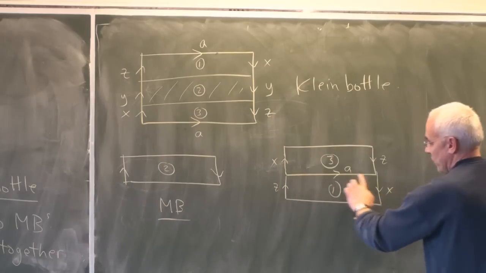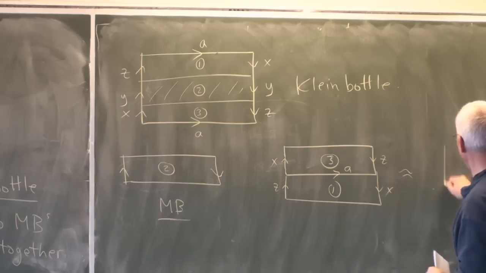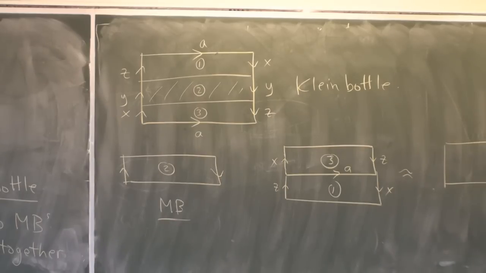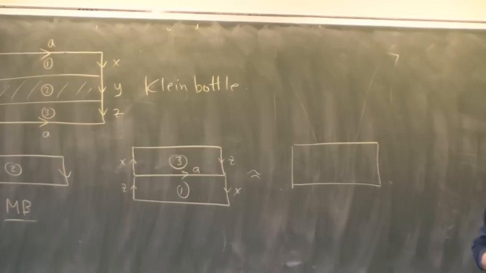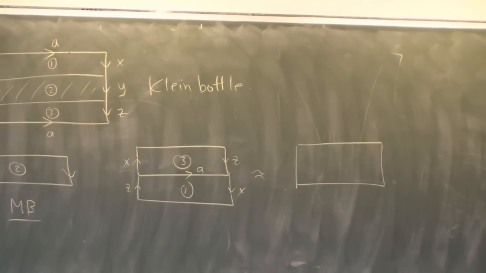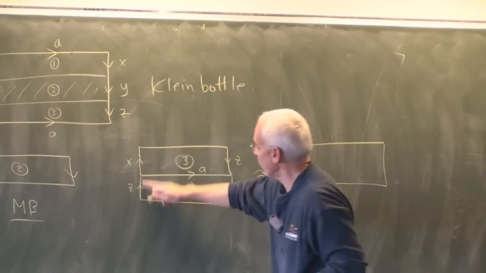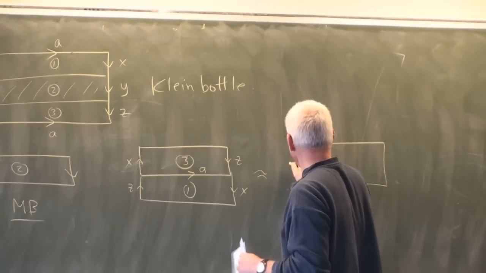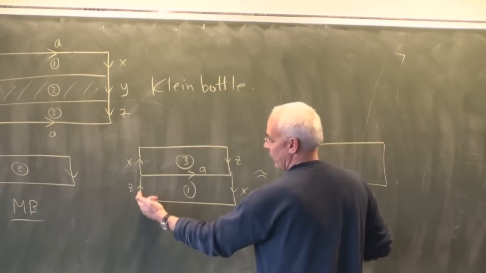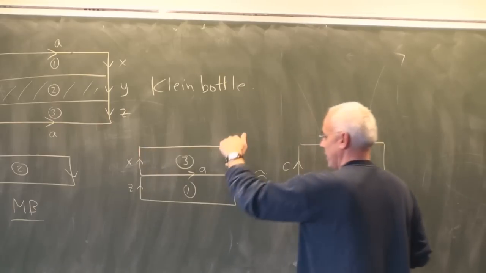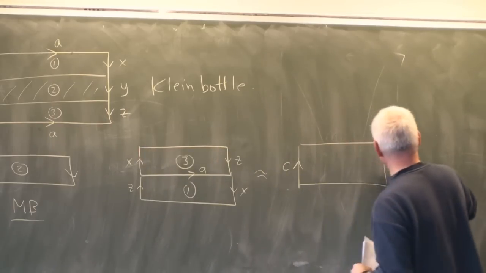Well, we've glued that internal edge A, it disappears. So what we end up with just is a rectangle with the top and bottom free. That's a boundary. And this edge right here, we can just replace it with, say, C. It's the edge starting with Z and then going X. And here we have Z and X going in this direction.